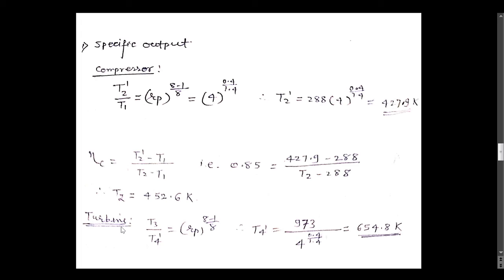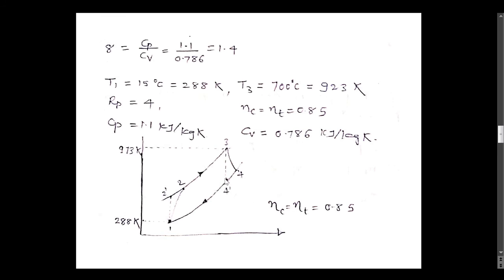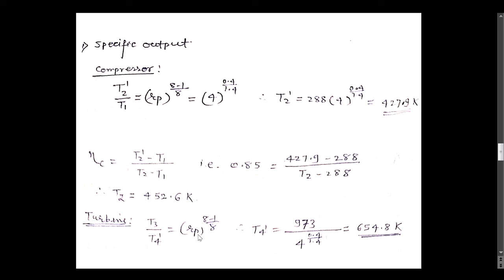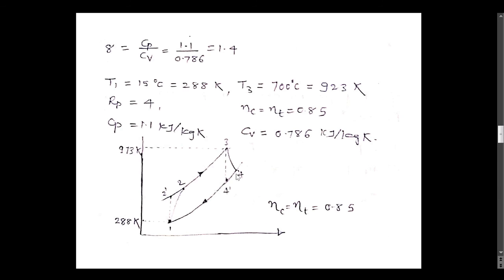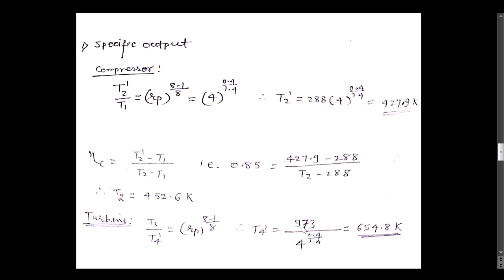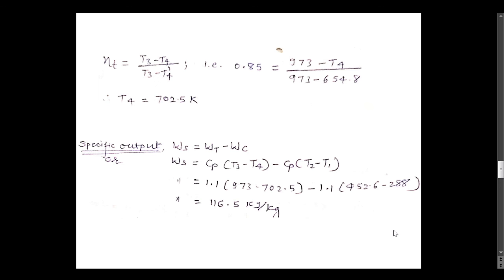Now for the turbine, we know that T3 divided by T4 dash, the isentropic temperature ratio, is equal to the pressure ratio, that is Rp raised to gamma minus 1 upon gamma. From this we can calculate T4 dash first. That comes to 654.8 Kelvin.